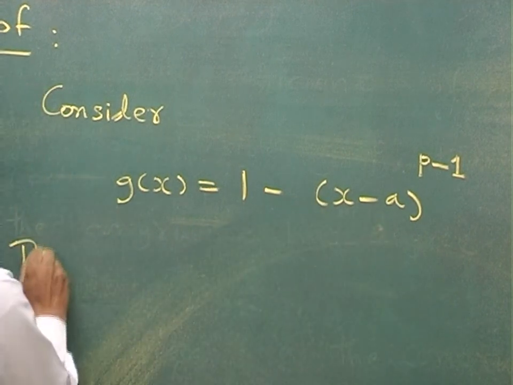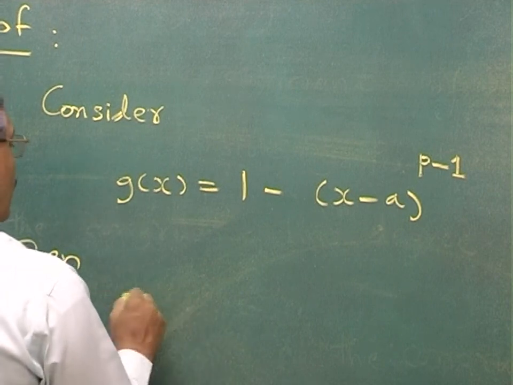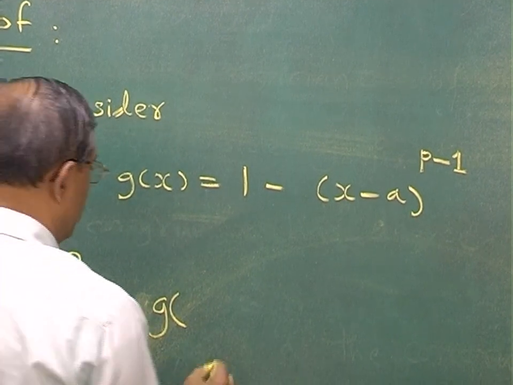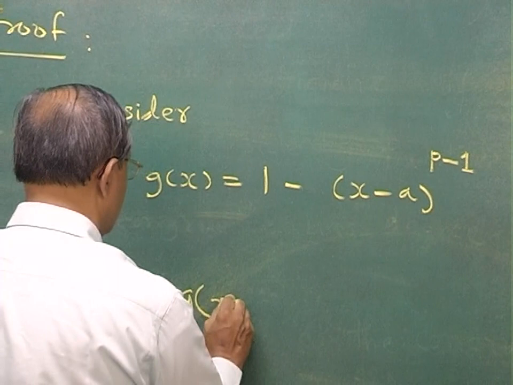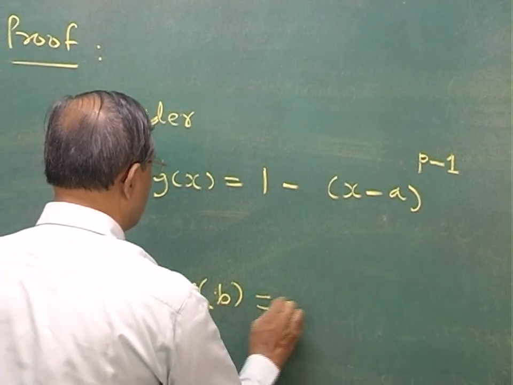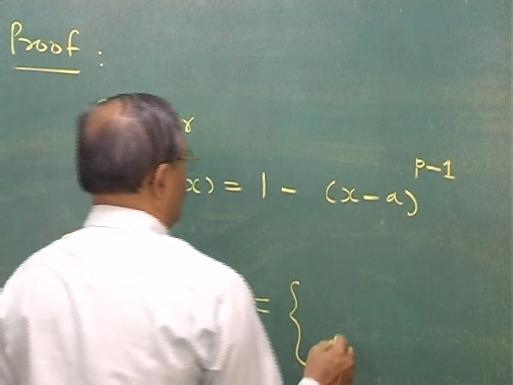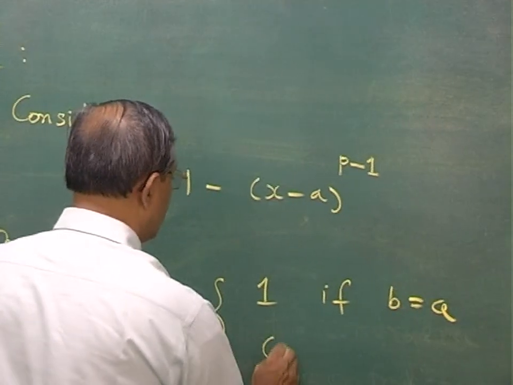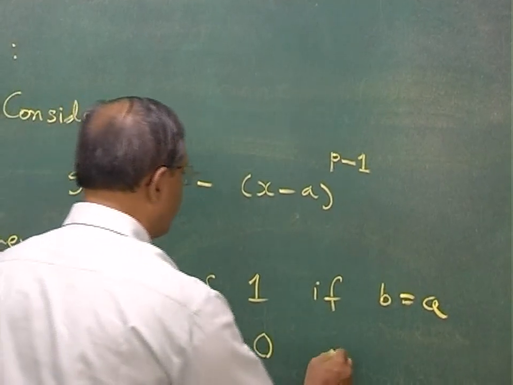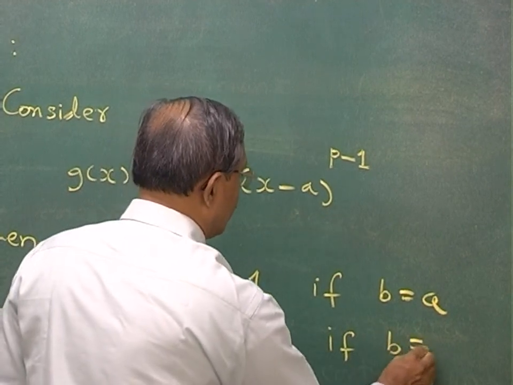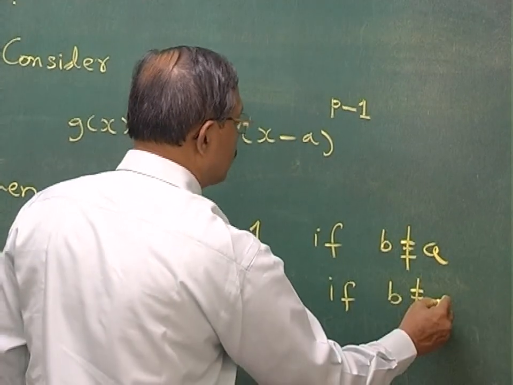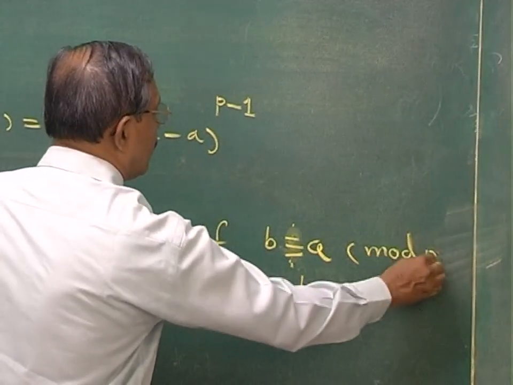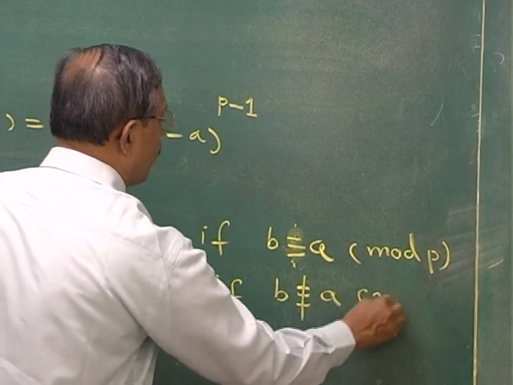So then g of any x, or let us say g of b, is equal to 1 if b takes the value a, and it is 0 mod p if b is not congruent to a mod p.